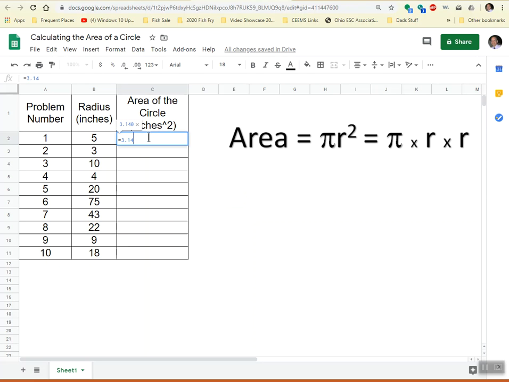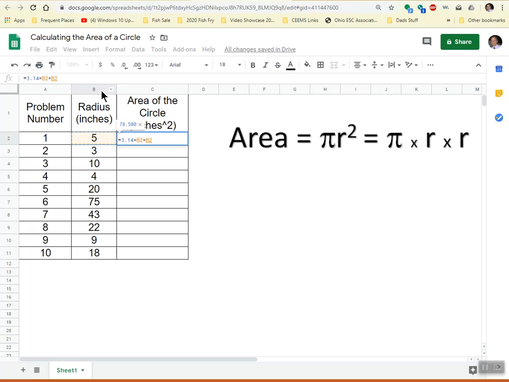3.14. Now I've got to multiply that times the radius, and I've got to do that twice. So I'm going to use the asterisk key, which represents times. Now if I just click on this cell, which is the radius, and then I multiply it again and click on it again, now I've got 3.14 times B2 times B2.